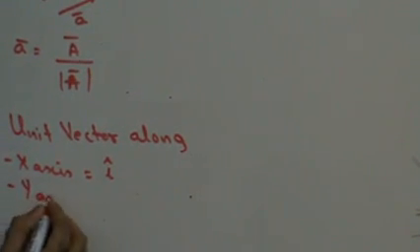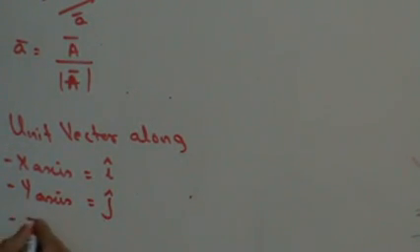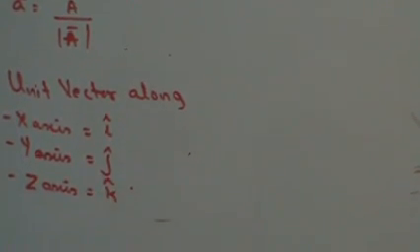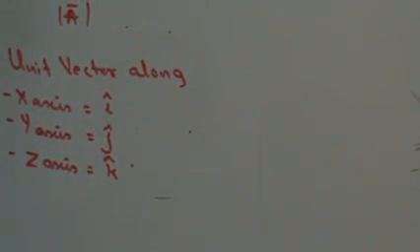Unit vector along y axis is called j vector. And unit vector along z axis is called k vector. So i, j and k are unit vectors along x, y and z axis. Do we understand what is unit vector?